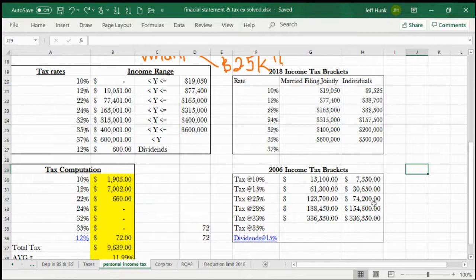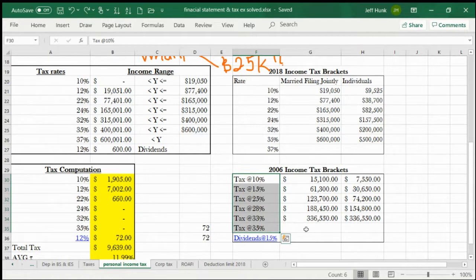Prior to that, it used to be the 2006 income tax bracket that we used. But in 2006, there were 7 brackets, right?